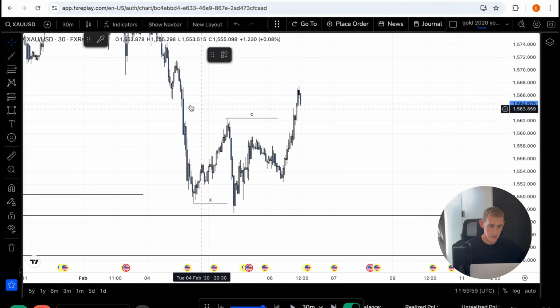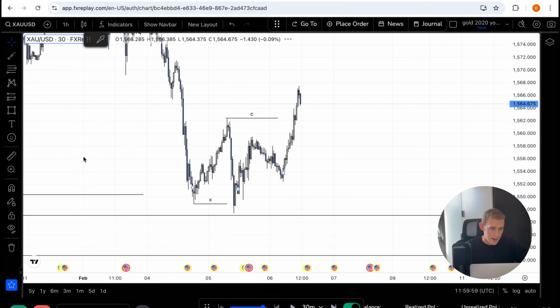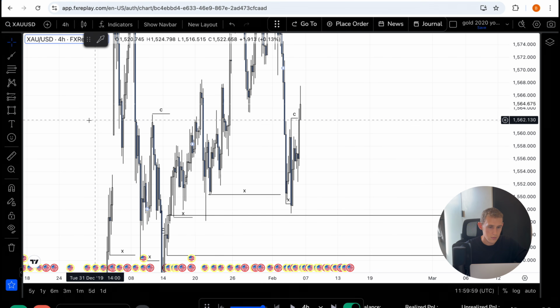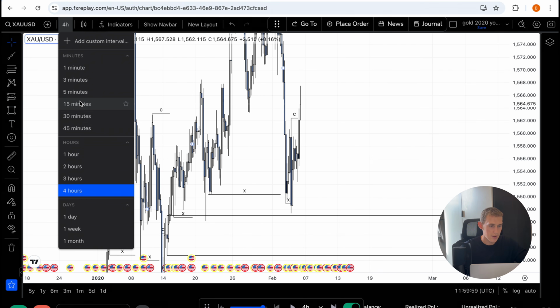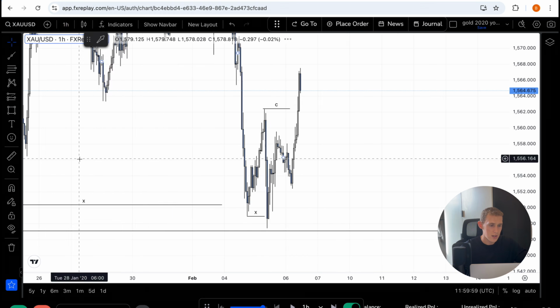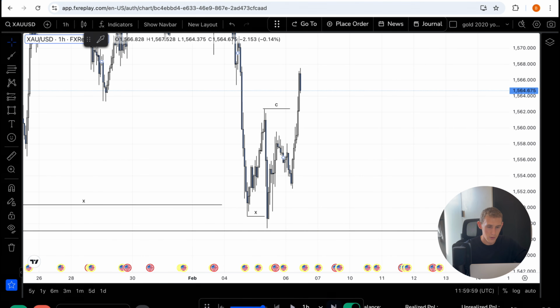It's presented another change of character. Let's see, in terms of entries on this, I'm not really too keen on just setting a limit here. I'm going to wait for a retracement.